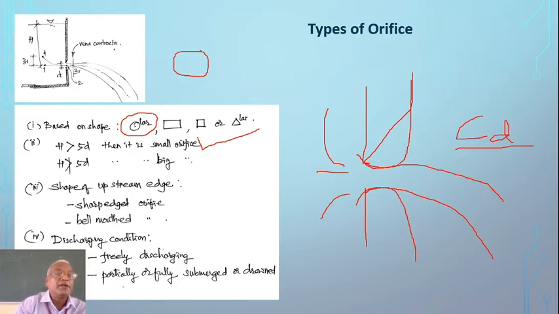So what can happen is, this is large enough, but on the downstream side here, if the water level is there and then the water is coming out, it is a free jet, freely discharging type, right? By chance on the downstream side, if the liquid has risen up and covered part of the orifice, even though there is a head over here, it is not coming out freely, right?